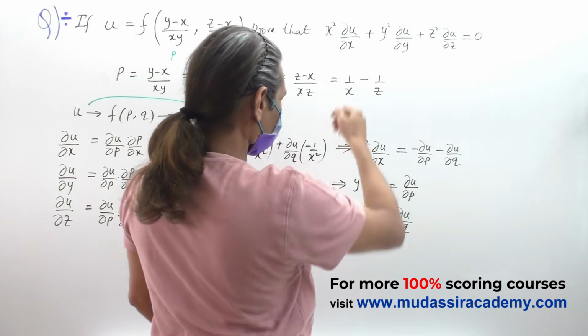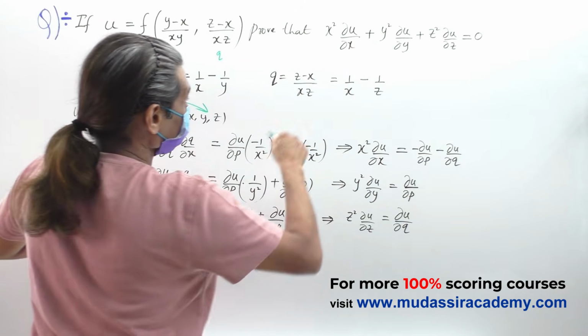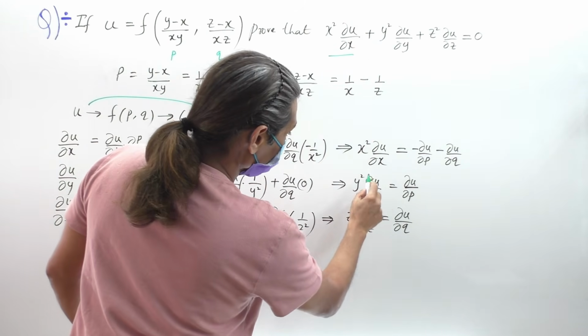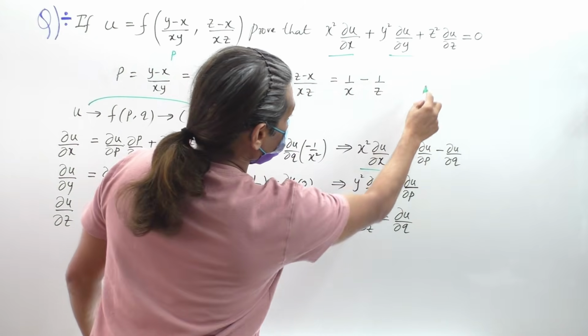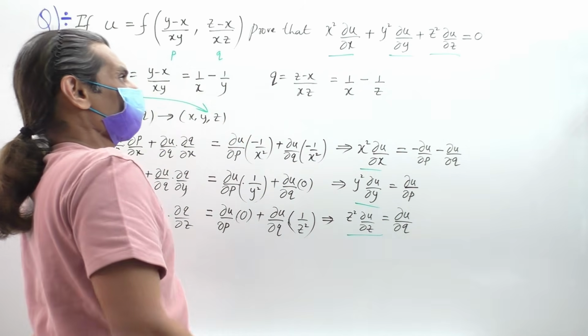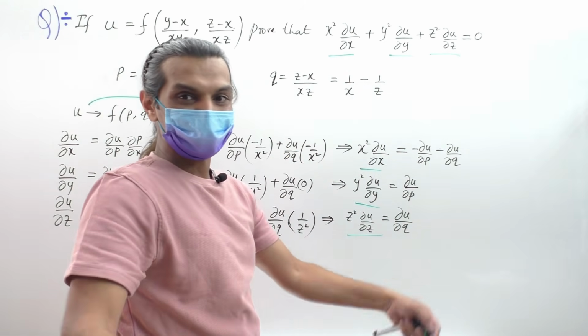We have with us x² ∂u/∂x, y² ∂u/∂y, and z² ∂u/∂z. Let's add all these things and see what the solution is.